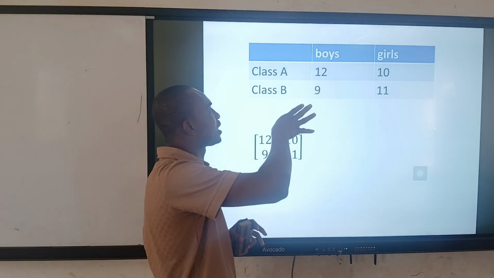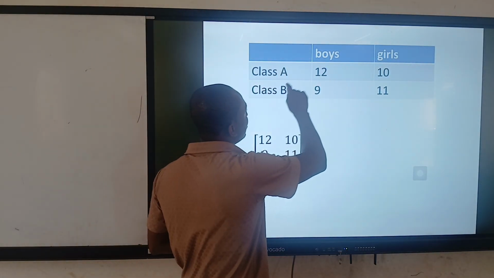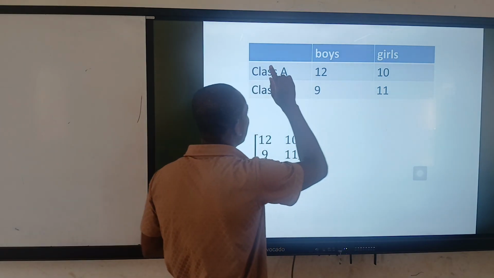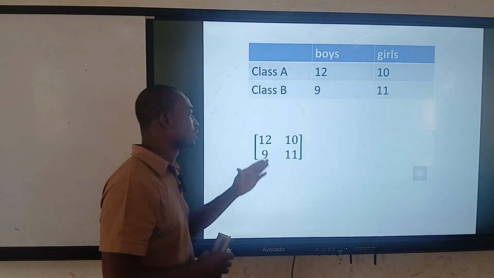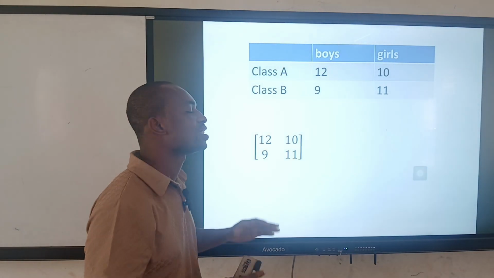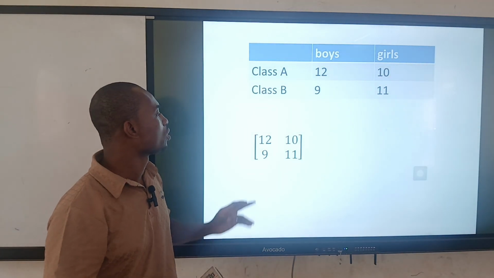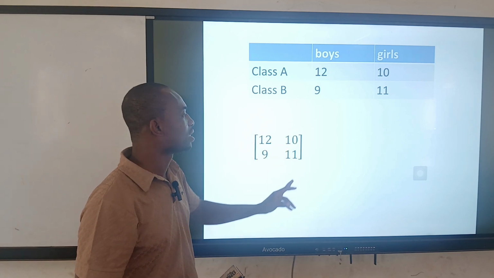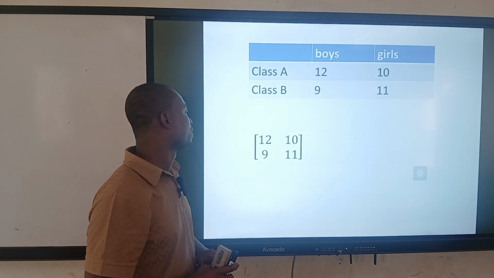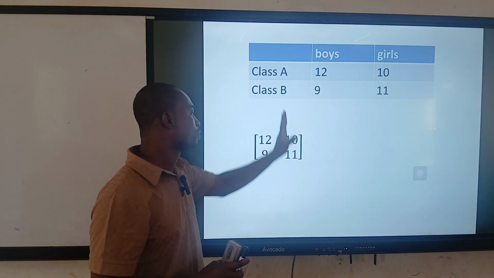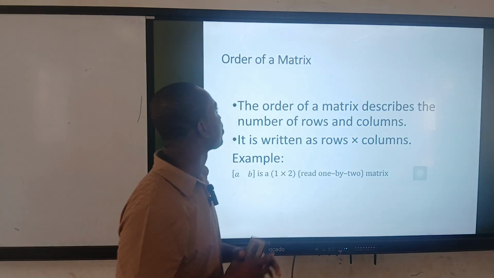We have the boys, we have the girls, class A and B. Then to represent it in a matrix form, this is how we arrange it. So here will be the boys and here will be the girls. How many rows here? 2 rows. How many columns here? We have 2 columns.